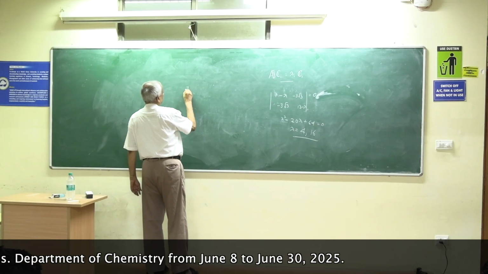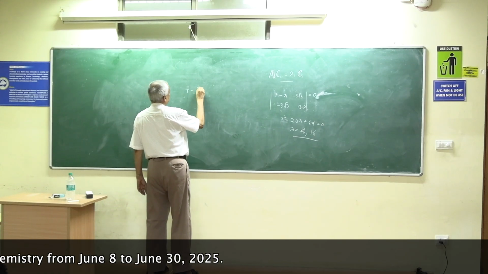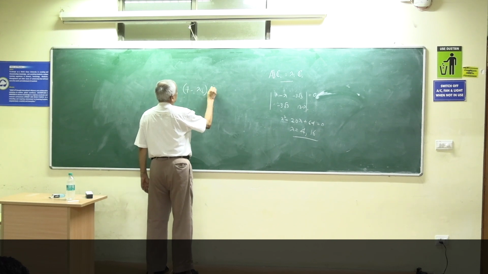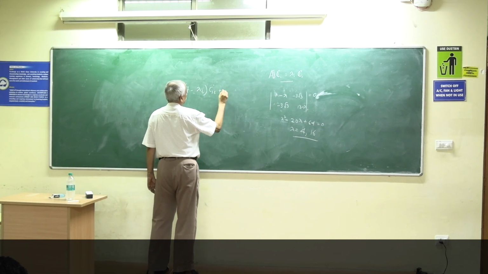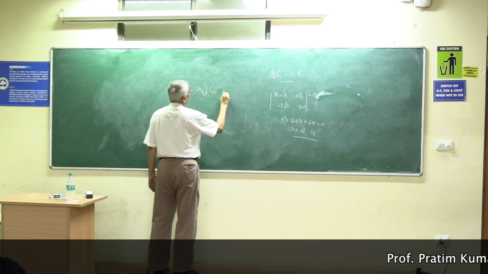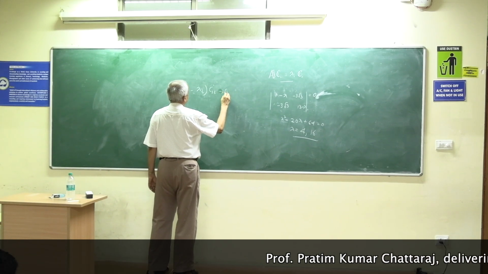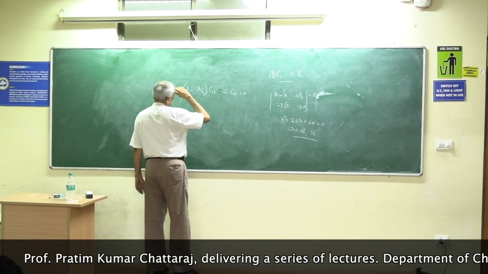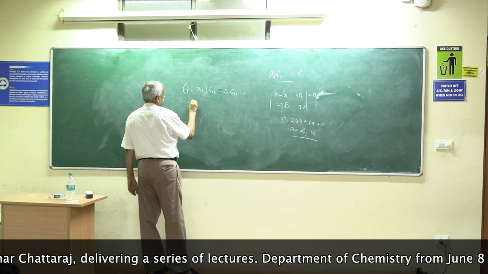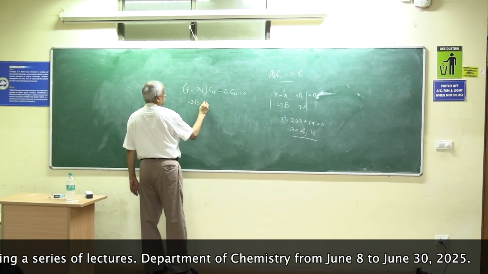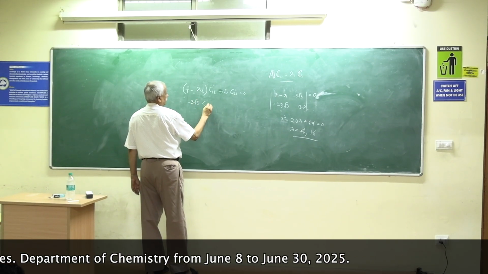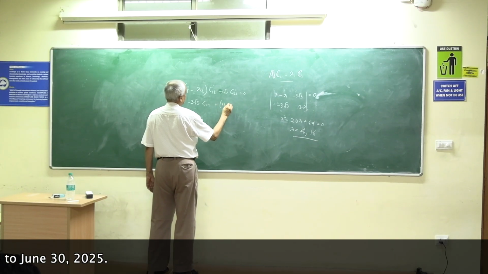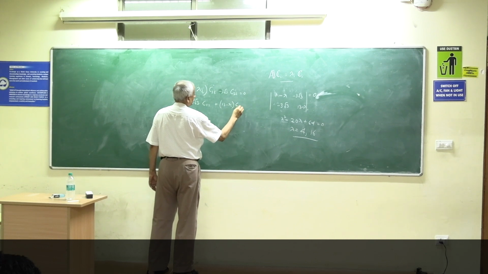So the general secular equation should be 7 minus lambda I times C1I, minus 3 root 3 times C2I equal to 0, and 3 root 3 times C1I plus 13 minus lambda I times C2I equal to 0.